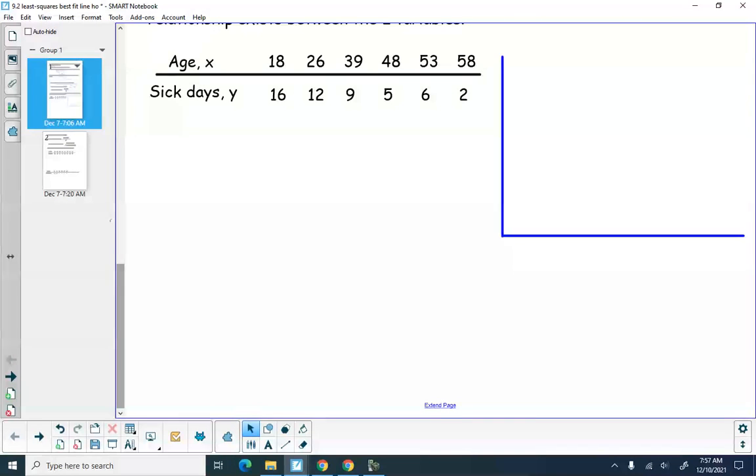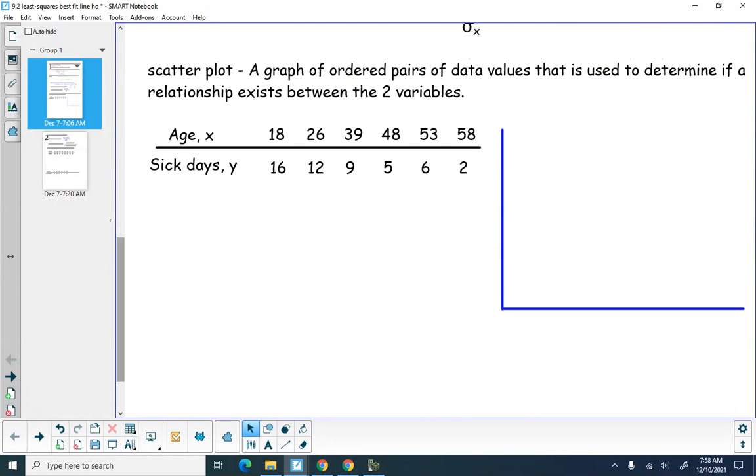a couple months ago. So if we take a look at a scatter plot, we have our age, which is on the bottom, our x variable, and our sick days, which are our y values. What we need to make sure of is that our graph covers all of our data values. So I start with 18, I go out to 60. I'm going to count up by tens: 10, 20, 30, 40, 50, 60.